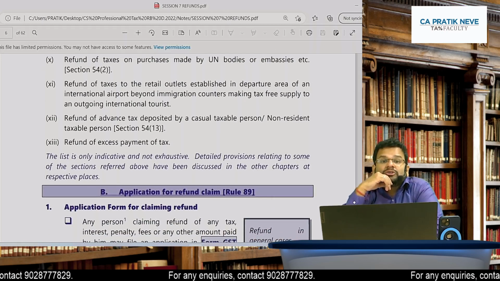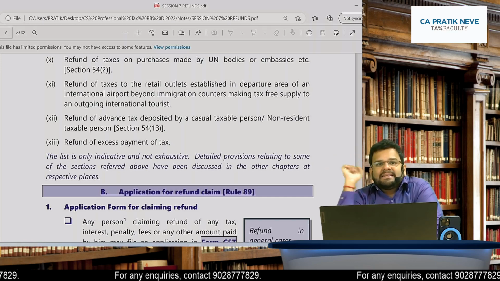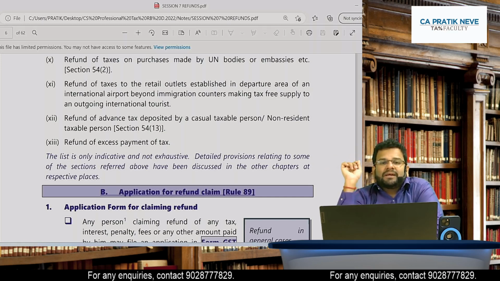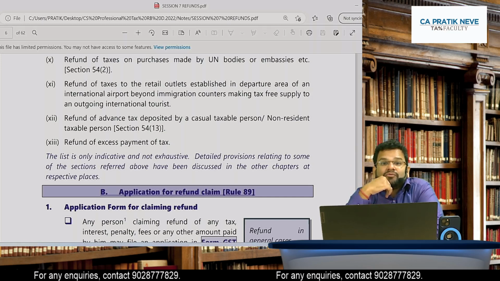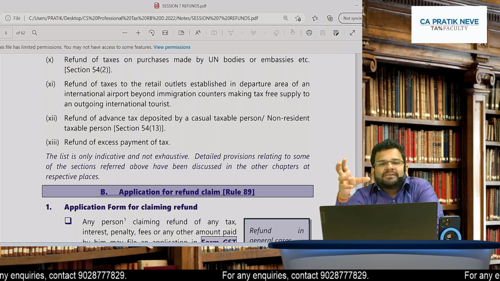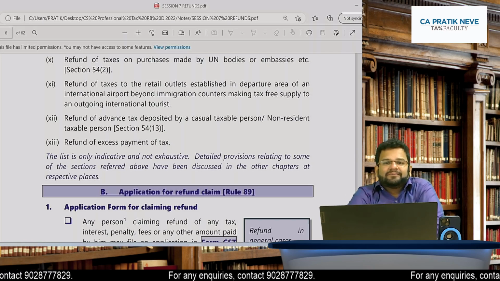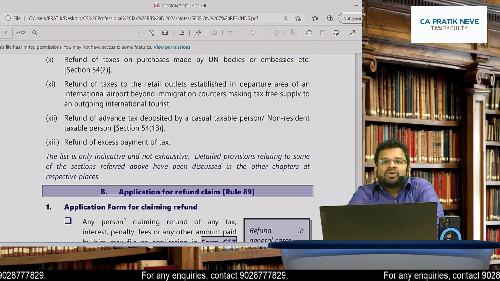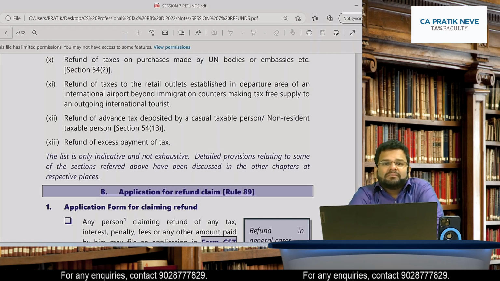Then, do you remember people having UIN, unique identification number? Some bodies of United Nations, foreign embassies. They are transacting in India, not doing business for profit, but for some social purpose, for some larger purpose.